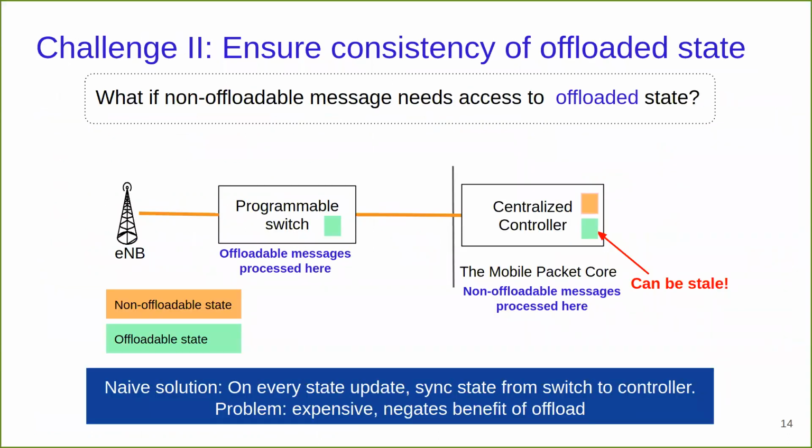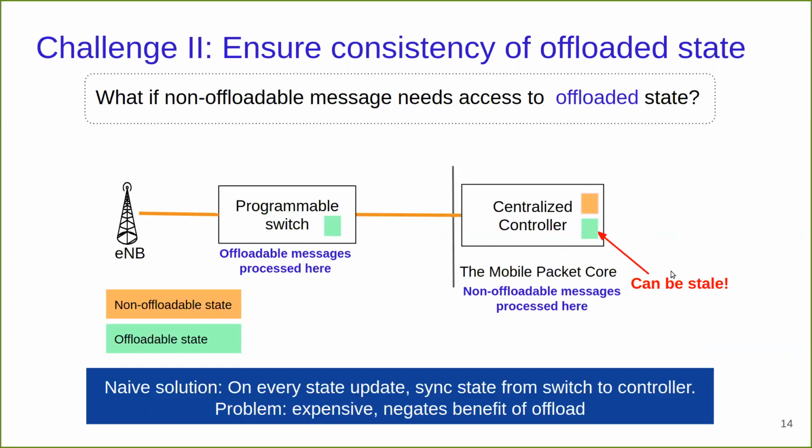Our next challenge is to ensure consistency of offloaded state. If a non-offloadable message like handover needs to access offloaded state, an offloadable message could have modified the state at the edge switch, and this offloaded state could be stale at the mobile packet core.